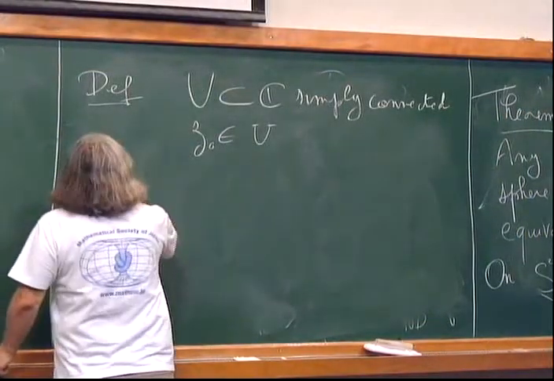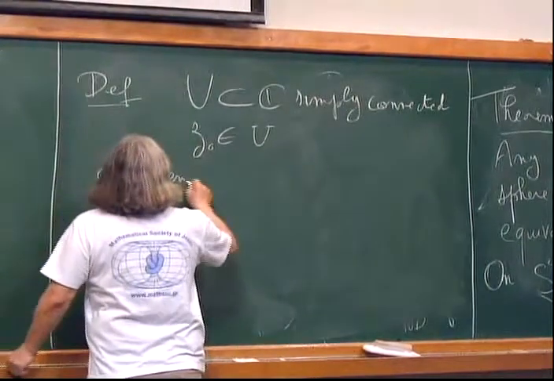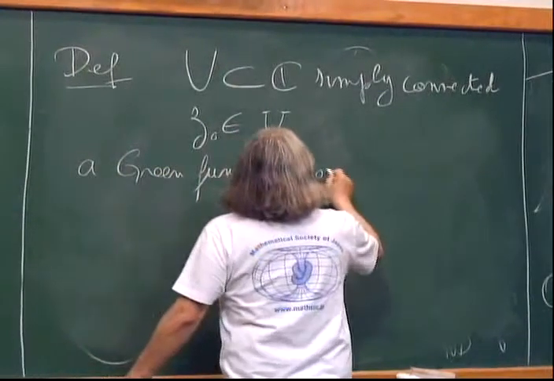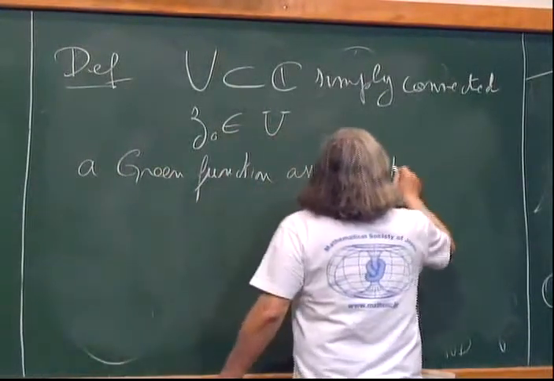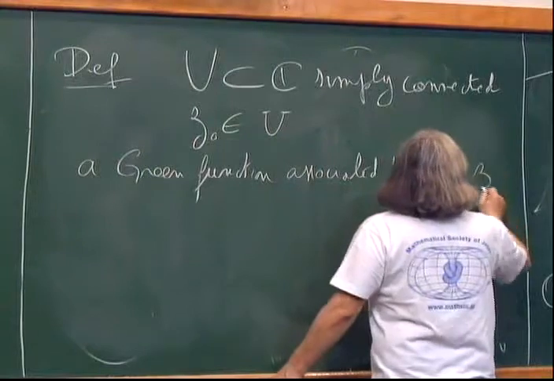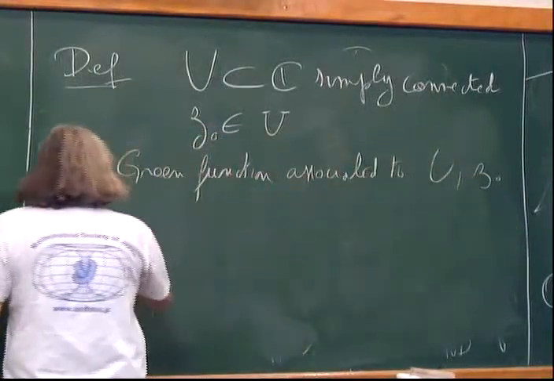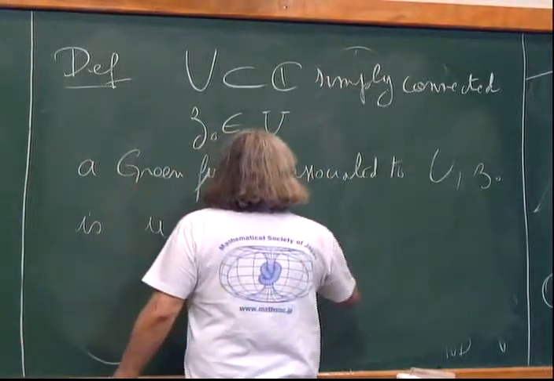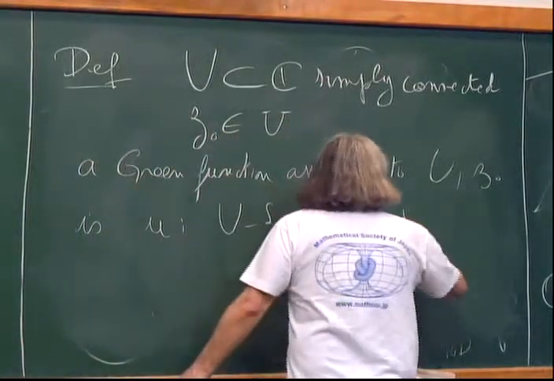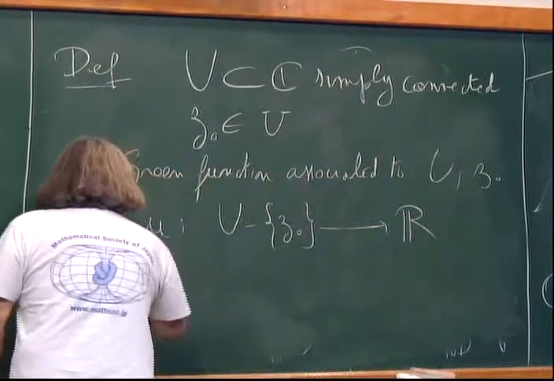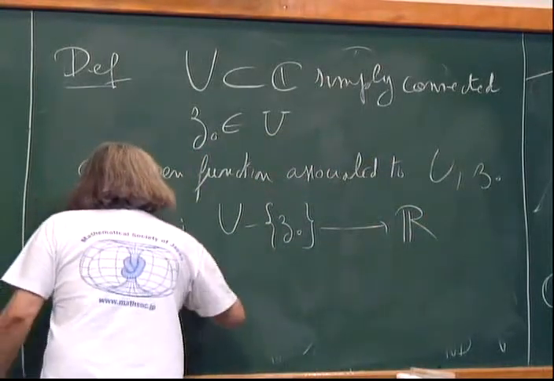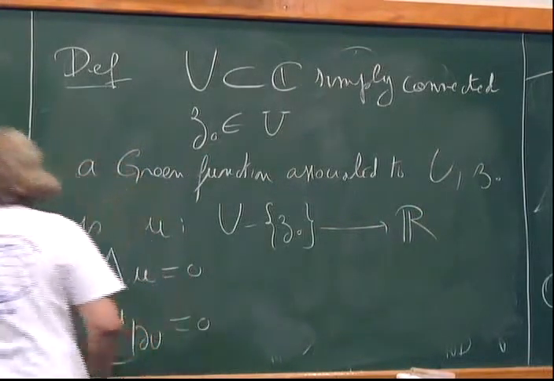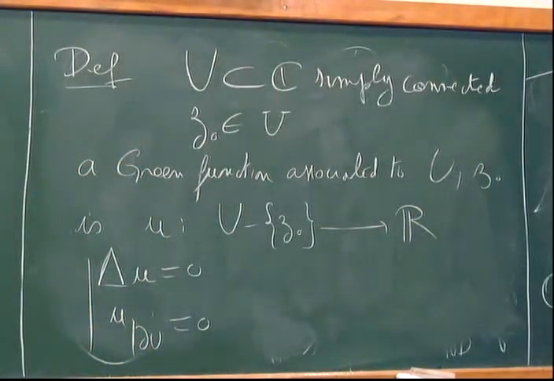By definition, a Green function associated to U and z0 is a function u from U minus z0 to R, which is harmonic, which is 0 on the boundary, and which in the neighborhood of z0 has this behavior.